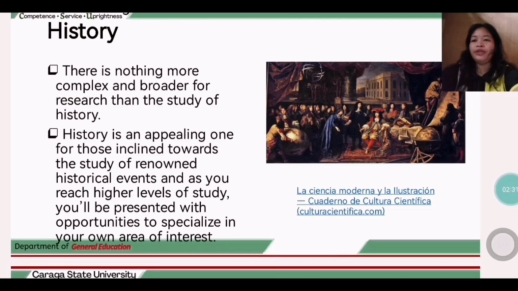While exploring the branches of social sciences, history is an appealing one for those inclined towards the study of renowned historical events, and as you reach higher levels of study, you'll be presented with opportunities to specialize in your own area of interest.